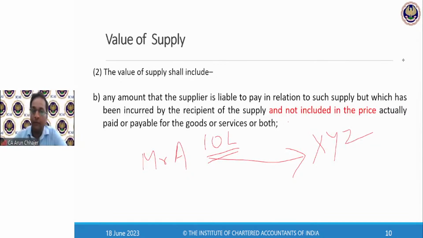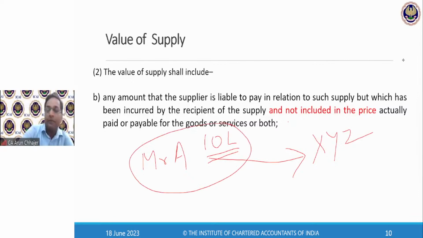The agreement specifies that Mr. A is liable to incur the following expenditure, in which cement is also one of the expenditures. What is the value fixed as per the agreement? 10 lakh rupees. In the scope, it is written that he will be liable to incur the expenditure of cement, labor, and raw material needed to complete the construction of the factory.